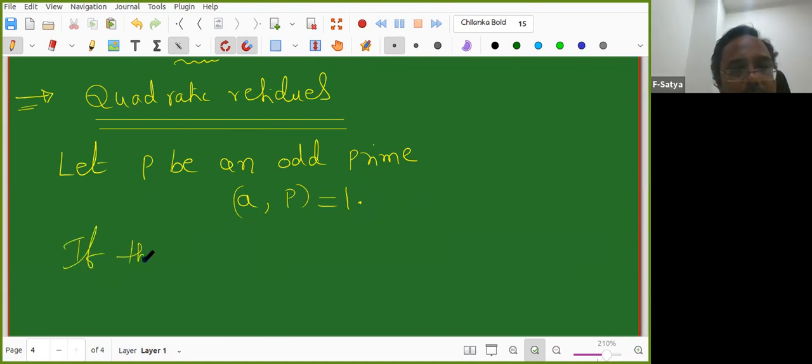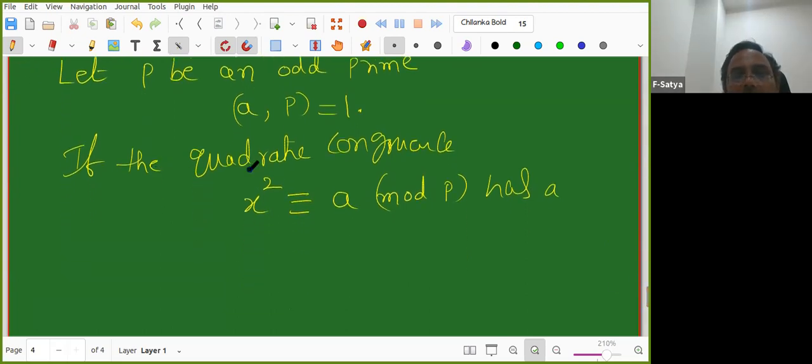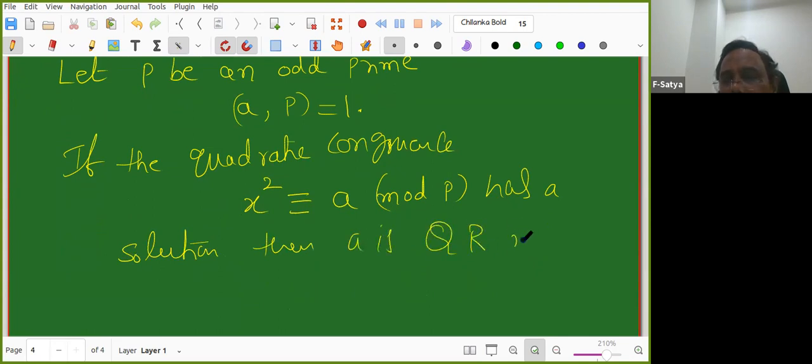If the quadratic congruence x squared is congruent to a modulo p has a solution, then a is called a quadratic residue modulo p.